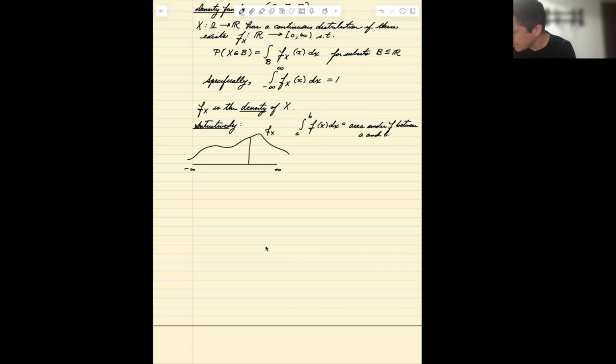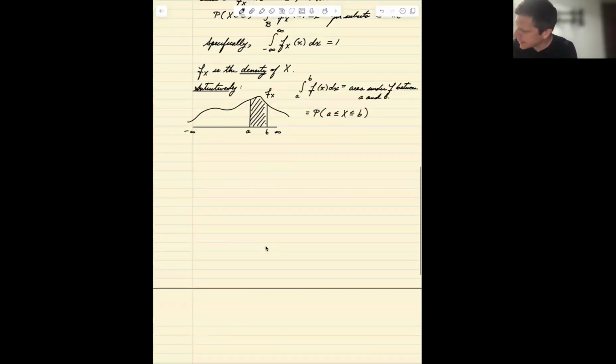So if we have a here and b here, this is the probability. And this integral is how we express the probability that x is between a and b.